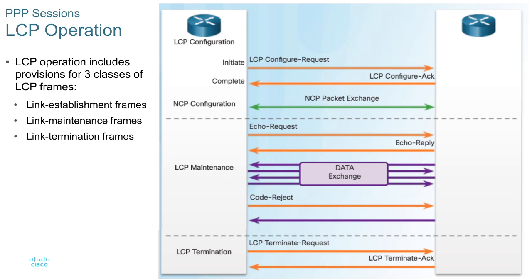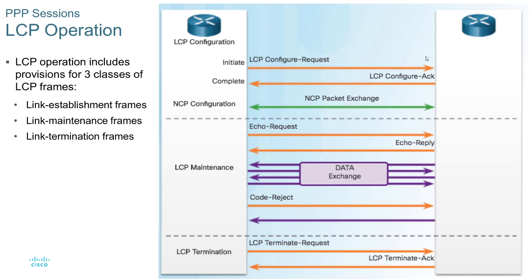So once that session is initially established, we can look at what happens at the LCP level. What initially happens is LCP will do a configuration request, and then you will receive a configuration acknowledgement.